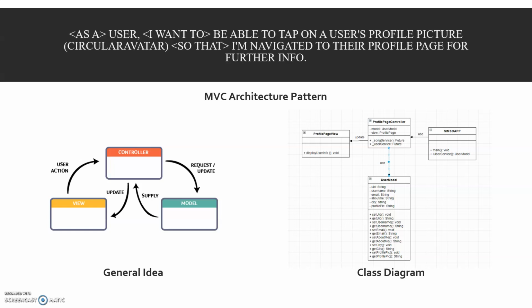This also uses the MVC architecture that we heavily implement in our Simso app. The general idea is the same. Here we have the profile page controller where we display each user's profile info, and it's hooked up to the user services or user model, and then we have the user model here that gets the info and displays it.